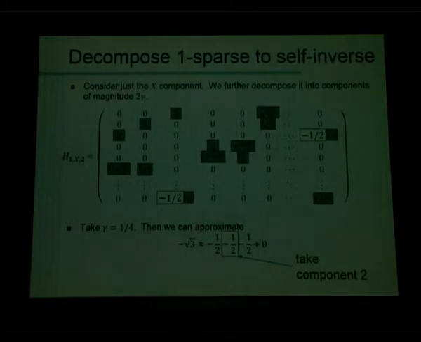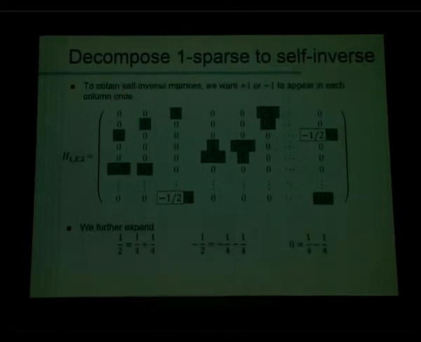So the way we do that is to do a further expansion where some of the things which are 0 are just going to be taken to be a quarter minus a quarter. And remember that quarter is the gamma, it's the size of the splitting here. And the minus a half would be a minus a quarter, and similarly a half is a plus a quarter.